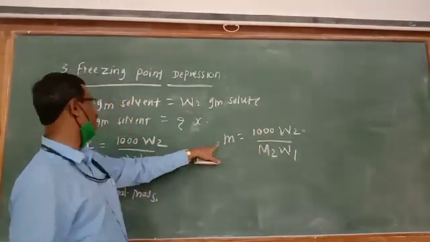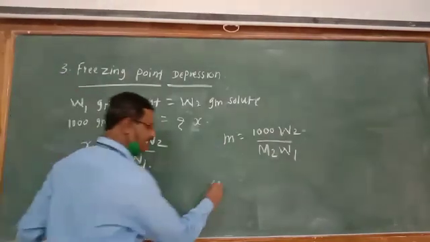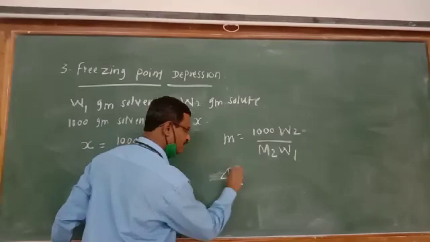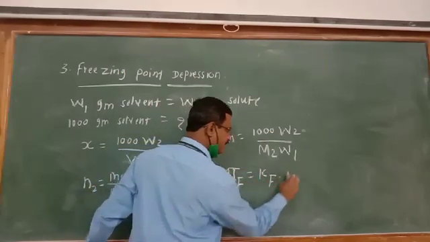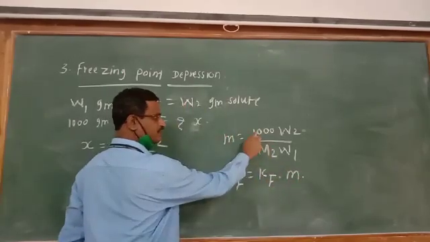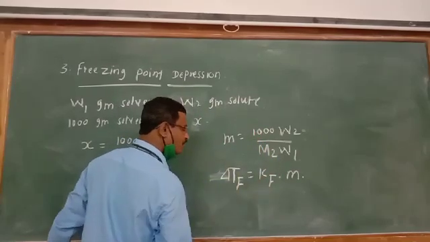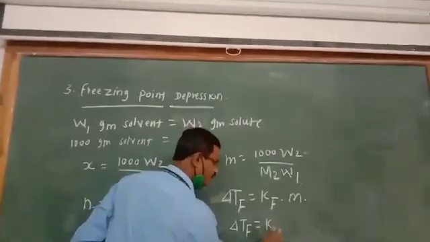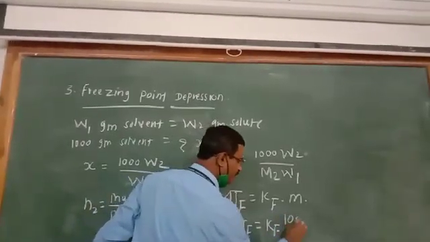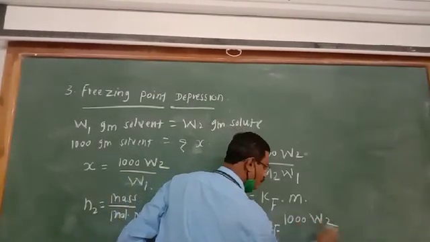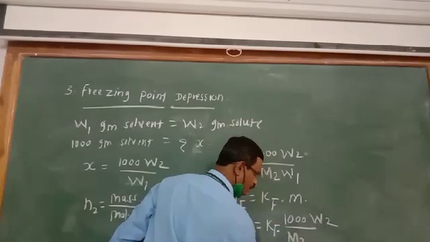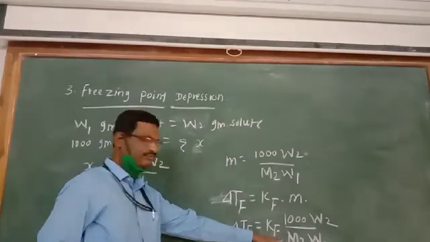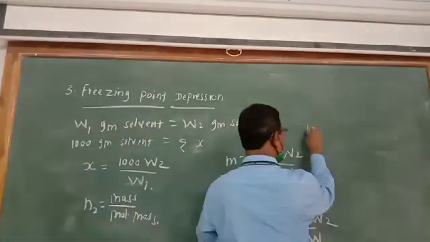Substituting in that equation, delta Tf will be equal to Kf into m, which is Kf into 1000 W2 divided by M2 into W1.